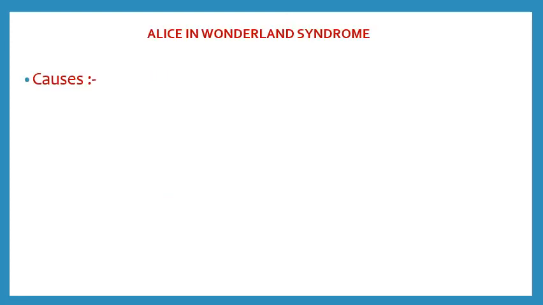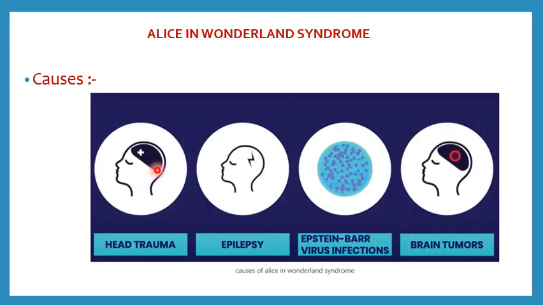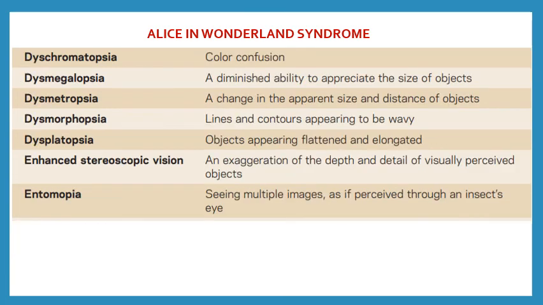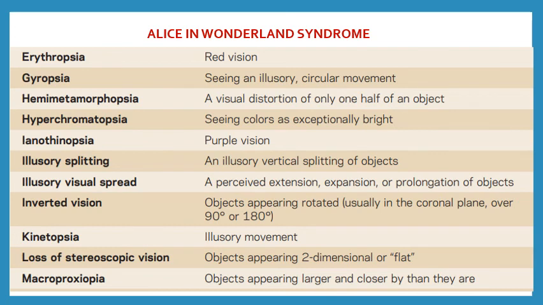The causes are head trauma, epilepsy, Epstein-Barr virus infections, or even brain tumors. There can be a series of symptoms, whether transient or not, like chloropsia, green vision, and cyanopsia, blue vision. You have a huge list of symptoms that can occur due to a disorder in visual perception.